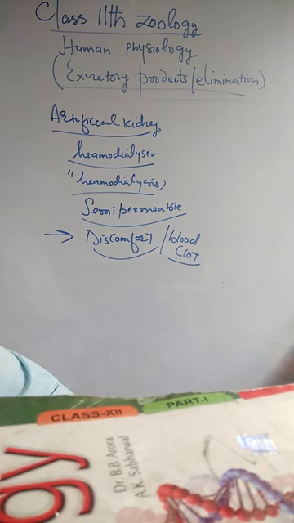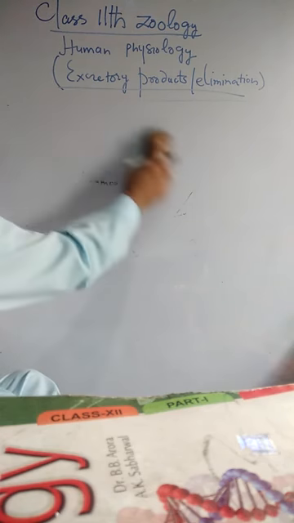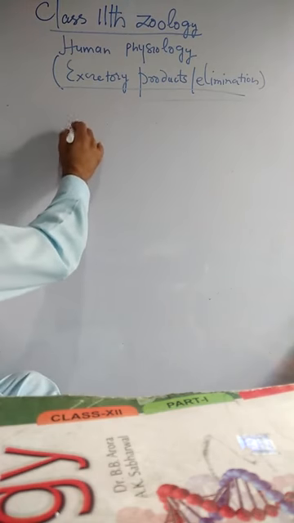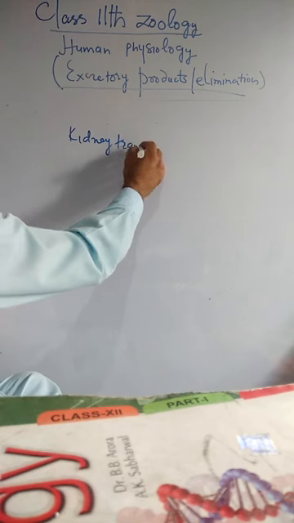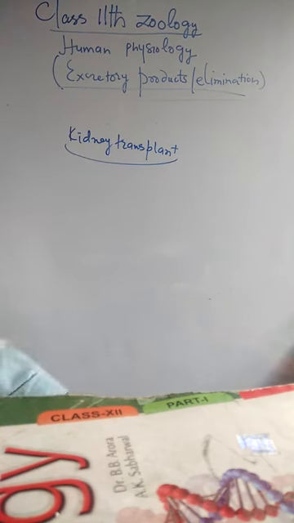Kidney transplant is an alternative treatment. So we have another treatment for this. If the artificial kidney does not work, we have kidney transplant. Kidney transplant is introducing a new kidney, obtained from a donor, to a recipient. The transplant is a natural kidney present in a person who is called the donor.